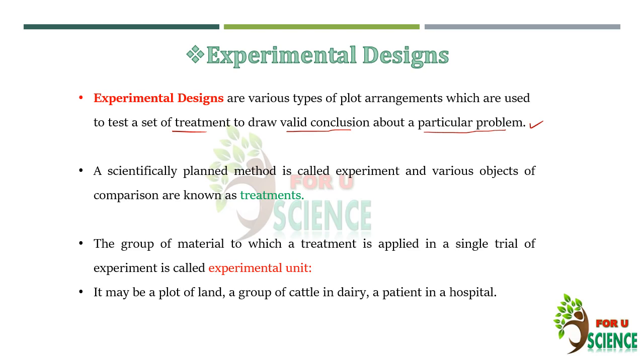Then one thing comes to our mind, that is, what is the experimental unit. Experimental unit is basically a group of material to which a treatment is applied in a single trial.